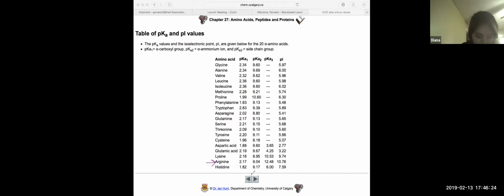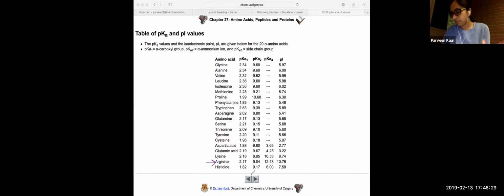It's making a bond with lysine, the next amino acid in line, right? No, actually it's serine. So it's the carboxyl group from arginine that is making a bond with the amino group of serine. So we're only going to look at the R group of arginine and the amino group of arginine, not the carboxyl group, because that's already making a bond with another group. So it can be protonated or deprotonated.